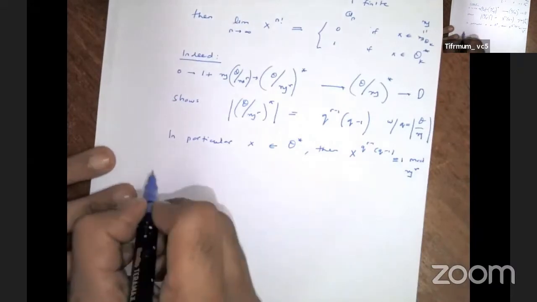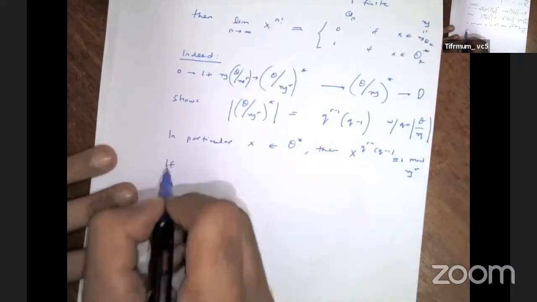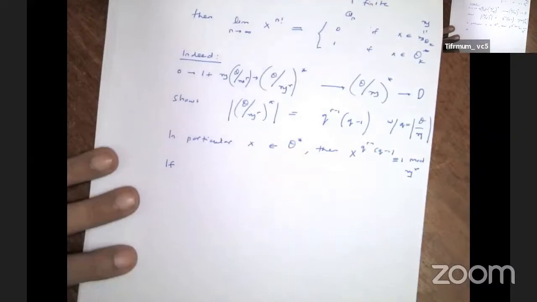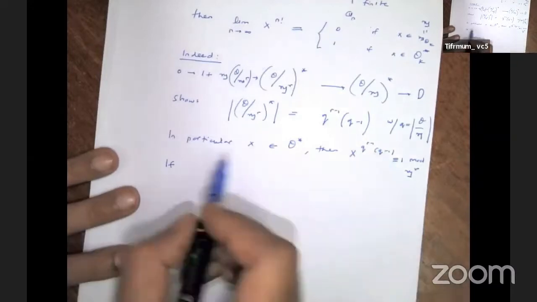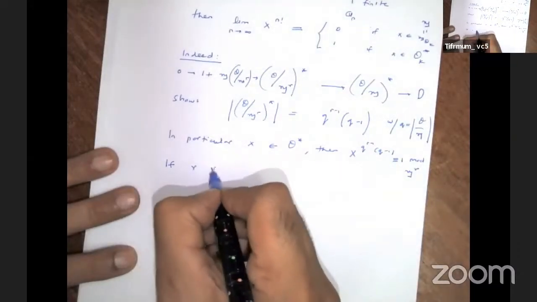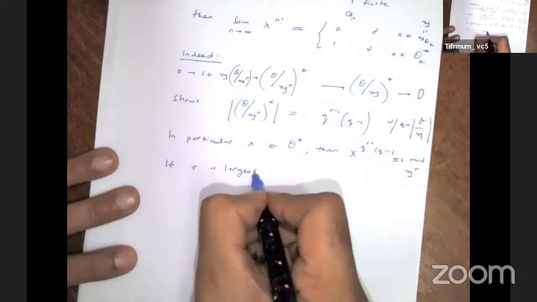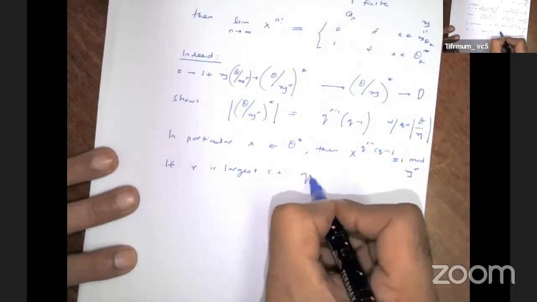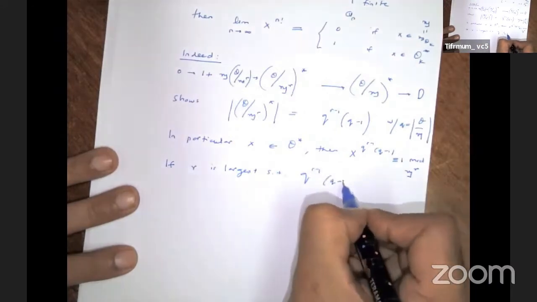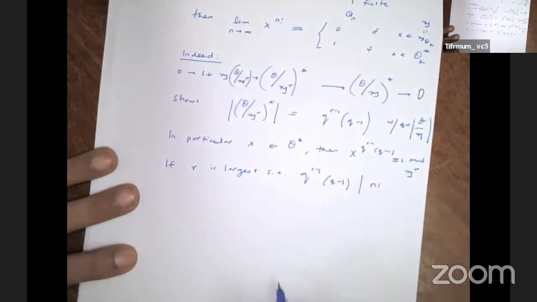So now let's let n vary and let r be the largest integer such that q to the r minus 1 times q minus 1 divides n factorial. Let n vary and then r will vary.